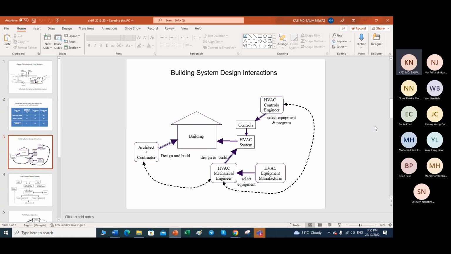So moving on to building system design and interactions. If you see the building systems, how the building heating, ventilation and air conditioning system is maintained, in this schematic diagram we can see that the architect contributes along with the contractors, and they make the building.